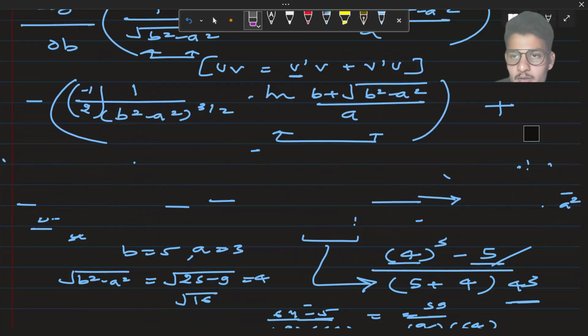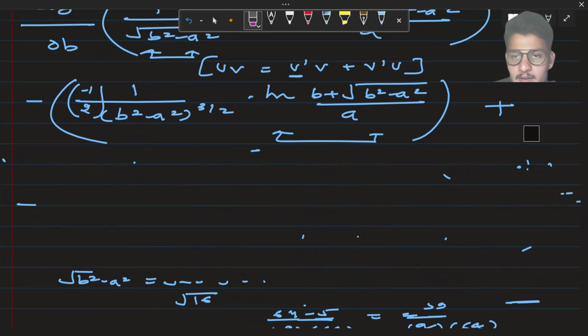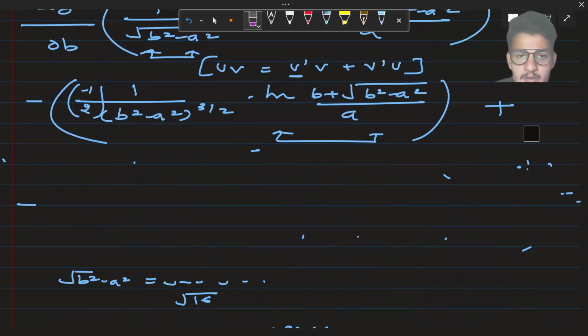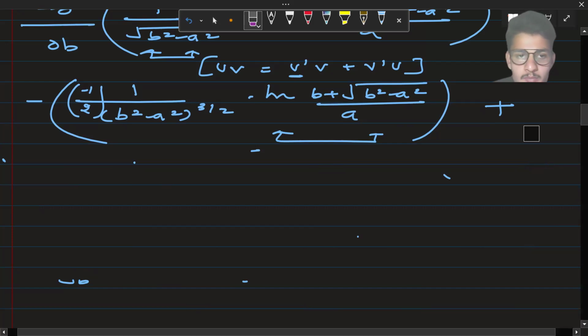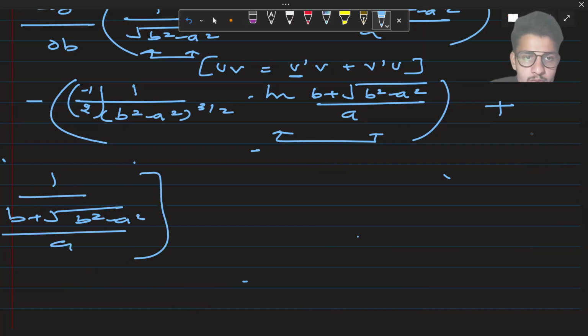Let's recalculate it again. Okay, so the differentiation of ln of b plus root over b square minus a square upon a will be a little complex. So first of all, what you will do, multiply this here, b plus root over b square minus a square upon a to this part, and this multiplies with the differentiation of the denominator again. So differentiate it, we will get 1 plus the differentiation. This is important here.